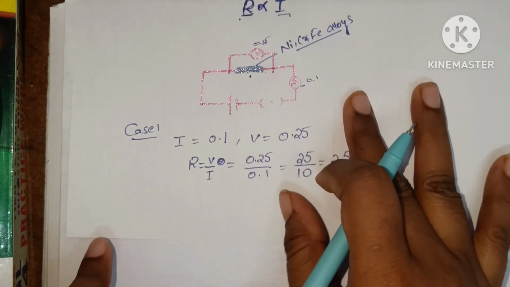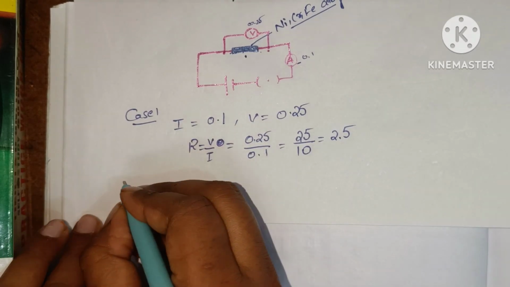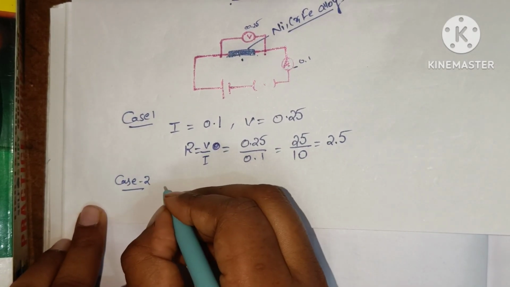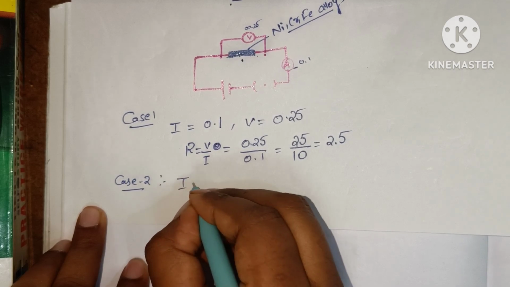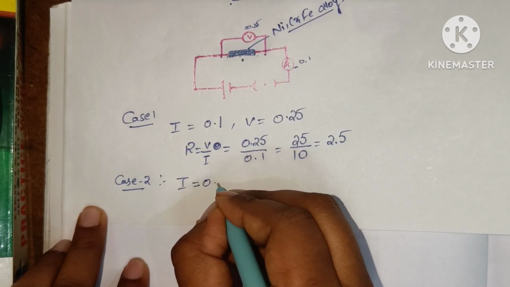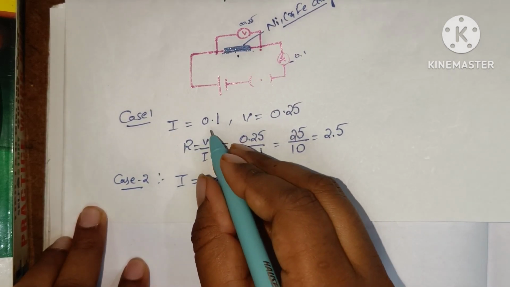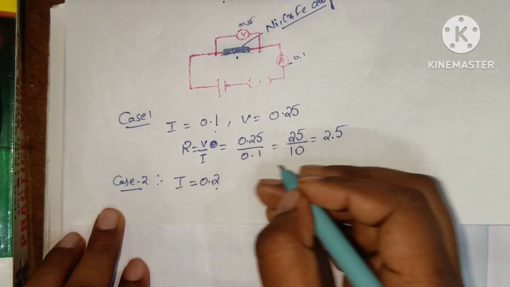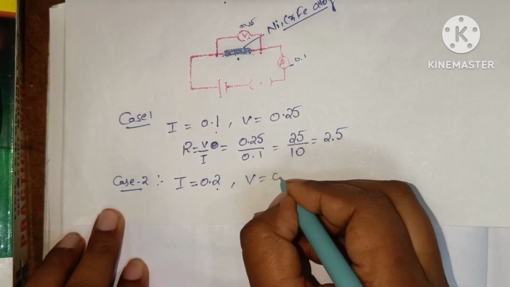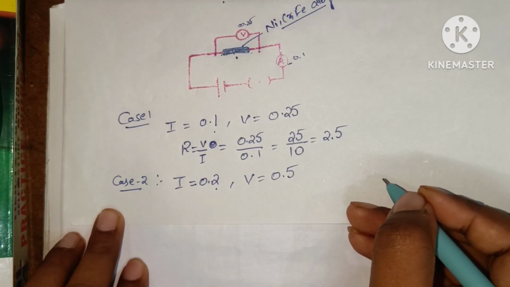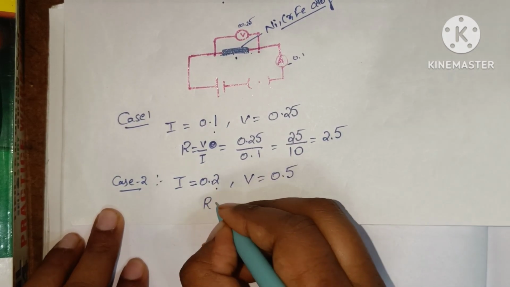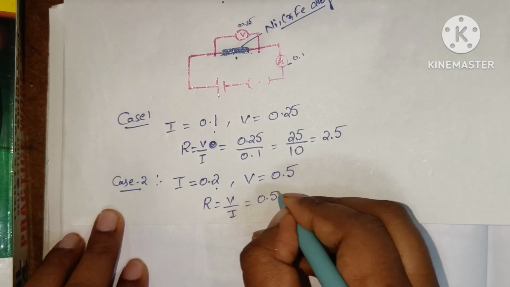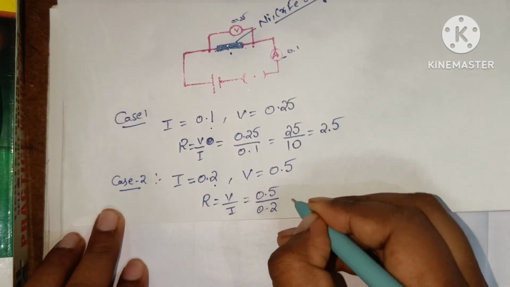Now let us take case 2. In case 2, the current was increased from 0.1 to 0.2 and the voltage also increased to 0.5. Now what is the resistance? Again R equal to V by I, 0.5 by 0.2.